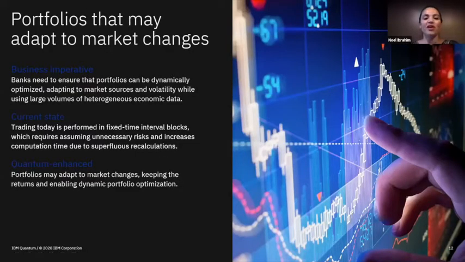So my area is finance, and some of the areas in which we see useful applications for quantum computing in the business world are in finance. For example, portfolios that may adapt to market changes more quickly than portfolios that are optimized using classical methods is an example.